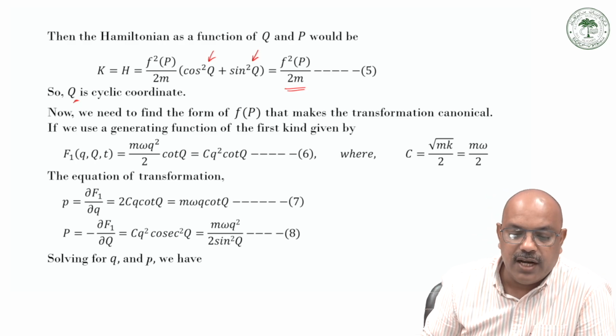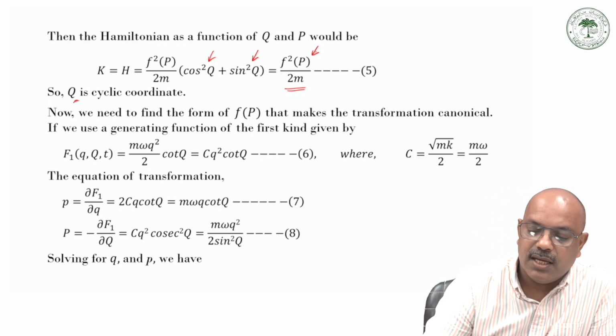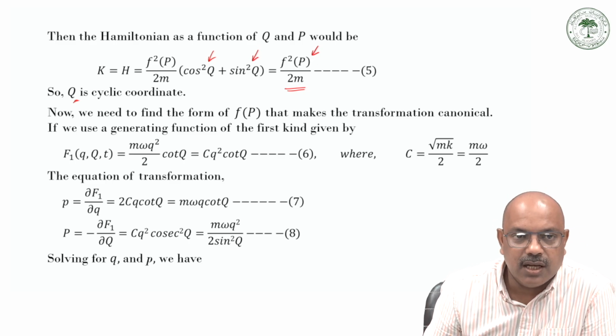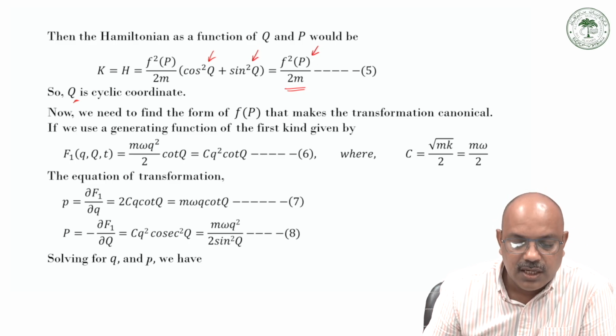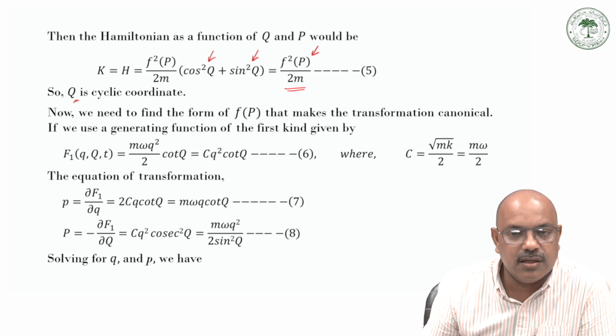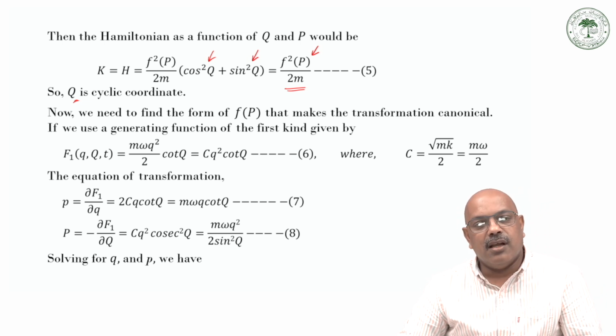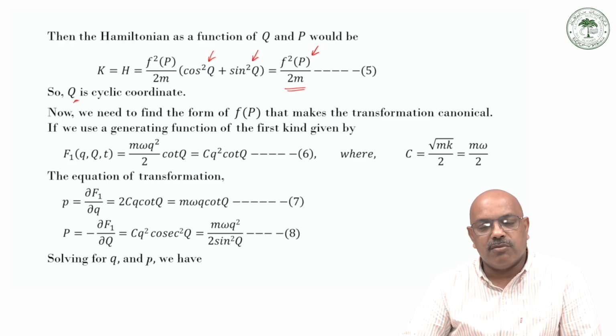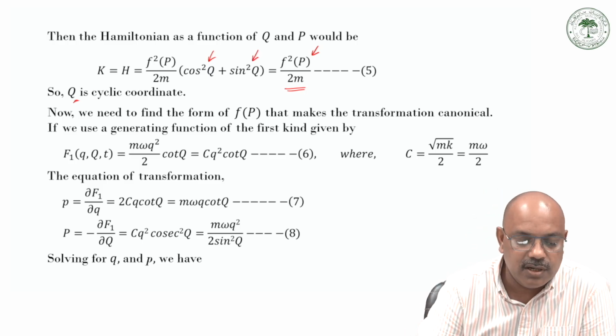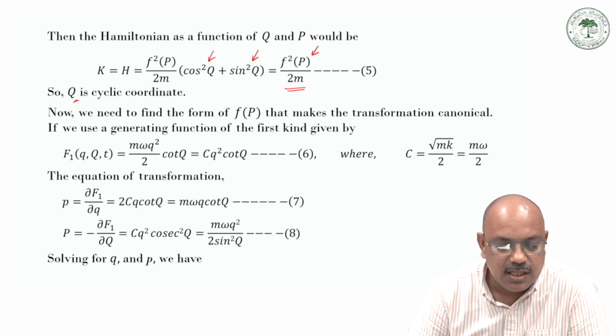So now we need to find the form of this f(P) that makes the transformation canonical. If you use a generating function, let us try. This is a hit and trial method. That's why I told you that writing a kind of transformation equation or generating function is not easy. So for this particular case, it has been written and tested. There may be others also.